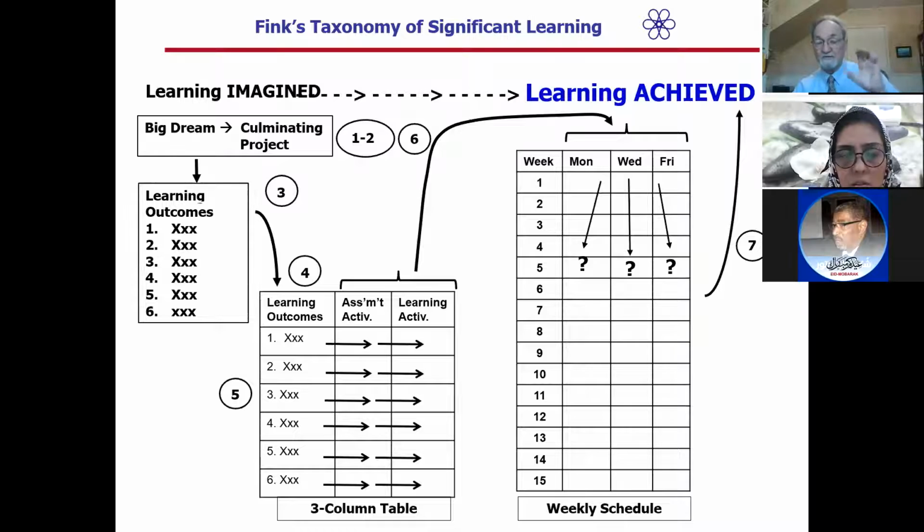Because you've done a systematic process of identifying important kinds of learning, identifying the right learning and assessment activities for each of those, and you put them into a sequence that builds and makes sense and builds on each other. You do all of that, and a high percentage of your students will in fact achieve that exciting, important kind of learning that you imagined in the beginning of the course. So that's the model of integrated course design.